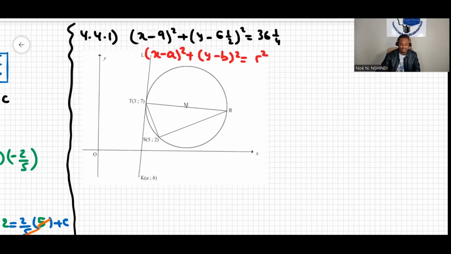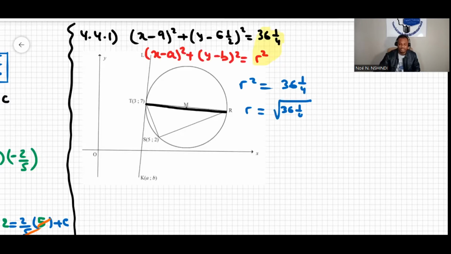Now we can see that this is r squared, the radius squared. We need to find the length TR, which is twice the radius, the diameter. So if r squared is equal to 36 and a quarter, I can work out r will be the square root of 36 and a quarter.